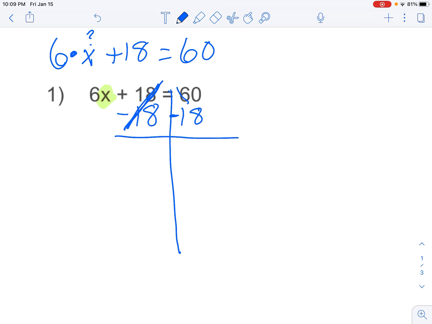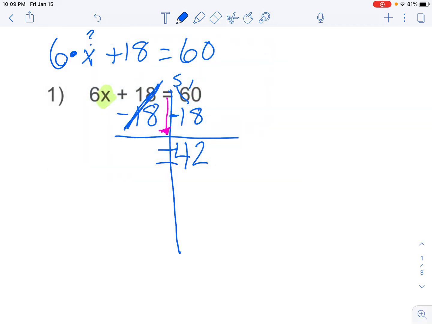So I'm going to borrow from the 6, make it a 5, 0 becomes 10, 10 minus 8 is 2, and 5 minus 1 is 4. Now in the middle, I'm going to bring down the equal sign. So if it helps, draw a line or an arrow or make it stand out that it came down.